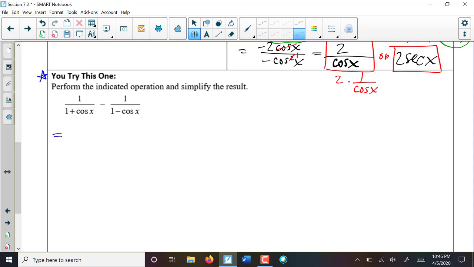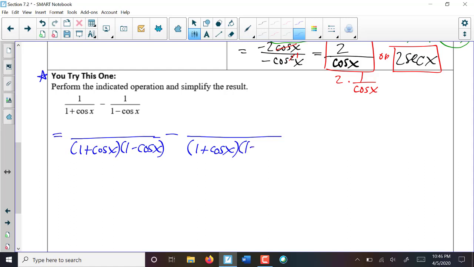All right, so common denominator is going to be the product of those two denominators. So it's going to be 1 plus cosine x times 1 minus cosine x. All right, so I have this factor. I need to multiply top and bottom here by the missing factor so that I'm multiplying by 1.